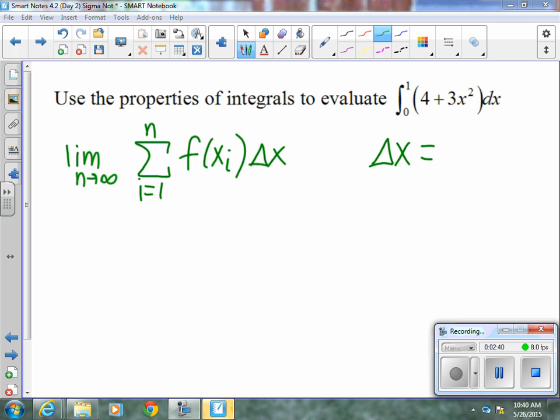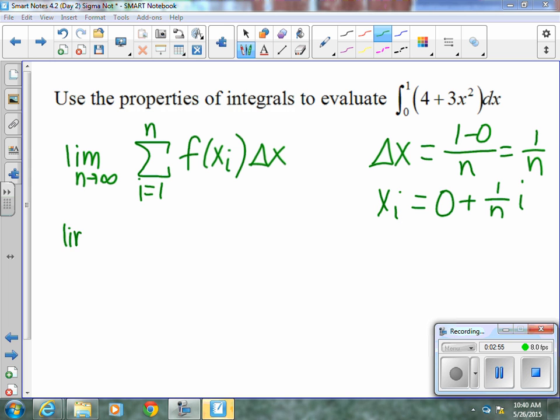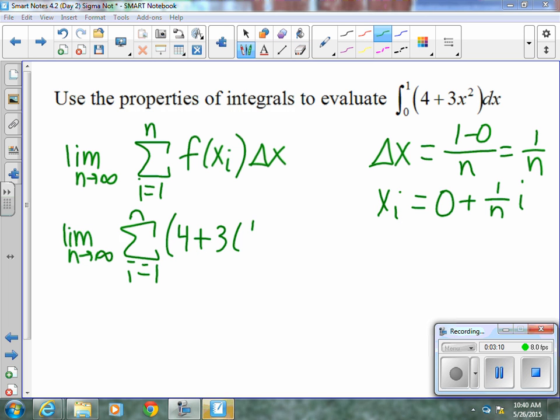Change in x is going to be our range, 1 minus the 0 over the n, or 1 over n. x sub i is going to be our starting value plus our change in x times i, and we need to plug all of these in. f of x sub i will be 4 plus 3 times i over n squared times 1 over n.